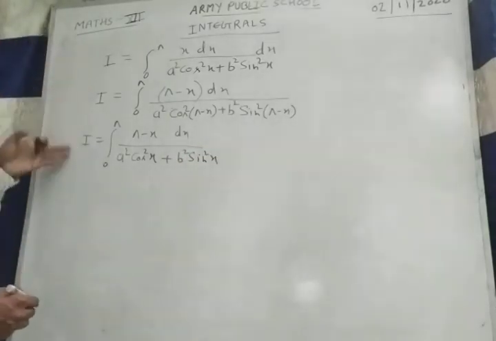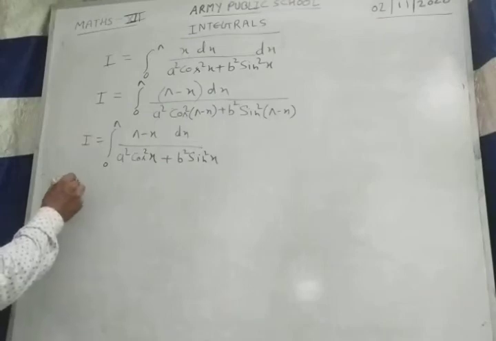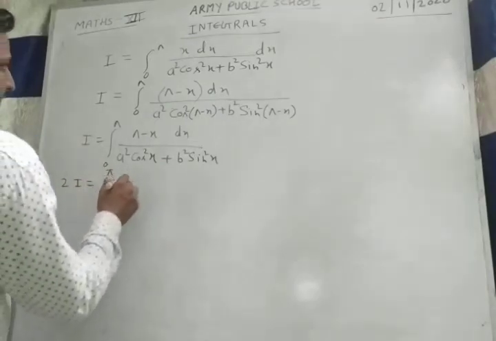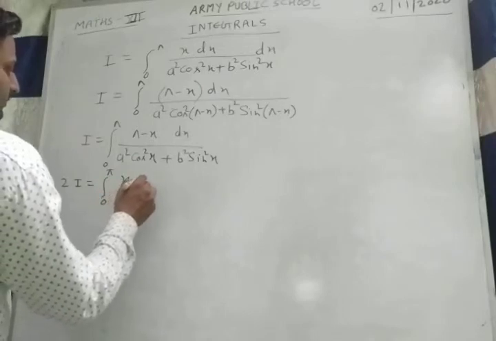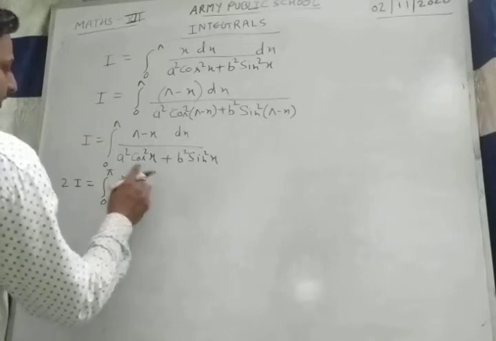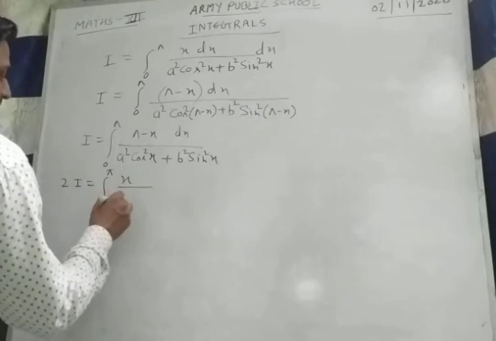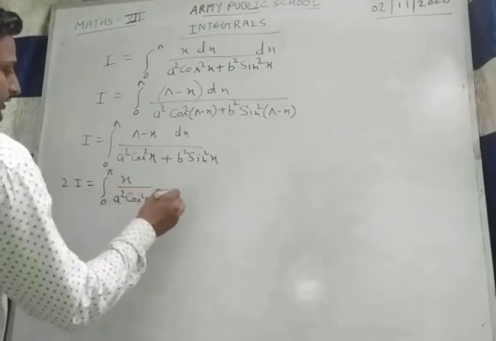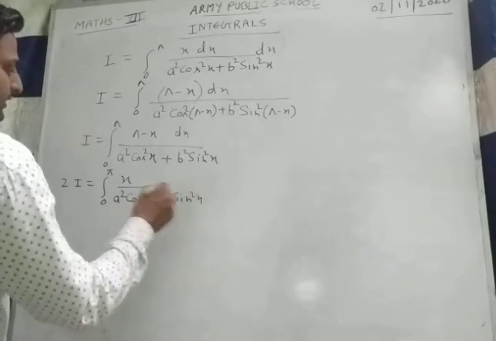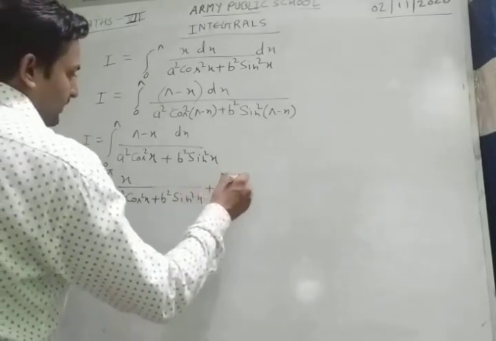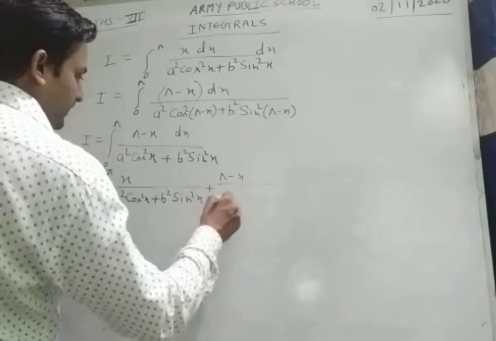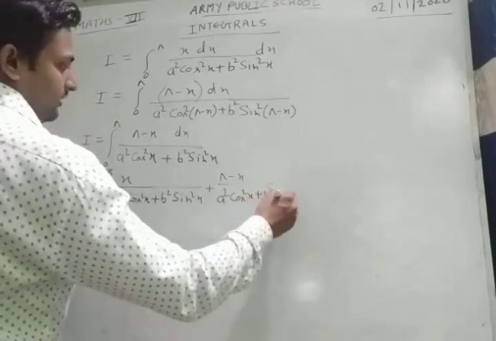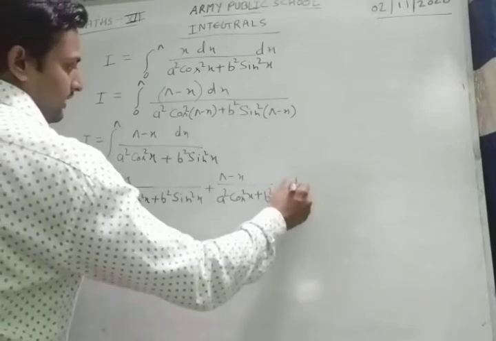Now adding these both, we get 2I is equal to integral from 0 to pi of x by a square cos square x plus b square sin square x, plus (pi minus x) divided by a square cos square x plus b square sin square x dx.